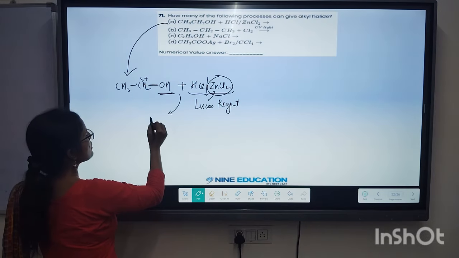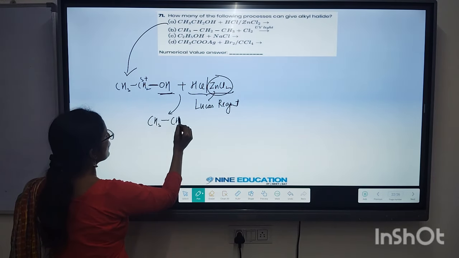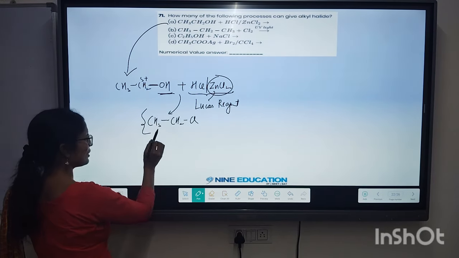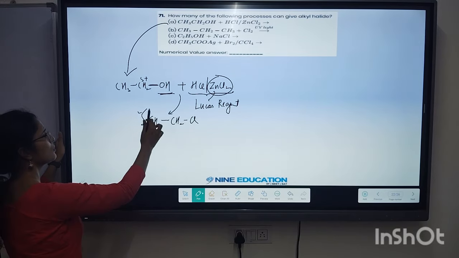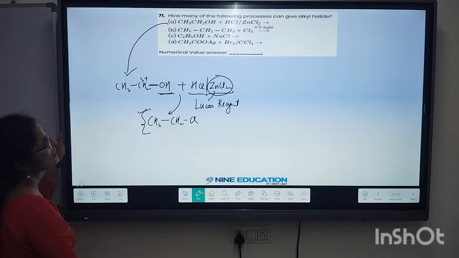So ultimately when this reaction happens, your Cl will be attacking and we will be getting CH3CH2Cl. It's a very famous reaction, and based on this we are having the Lucas test also, okay, to find out whether the alcohol will be 3 degree, 2 degree or 1 degree. So this is a feasible reaction, and we see this. So the first option is absolutely correct.